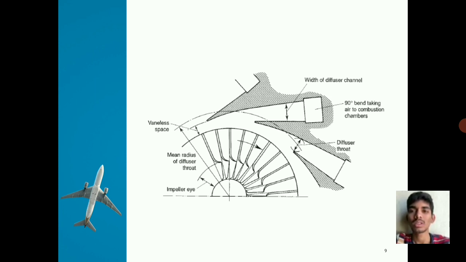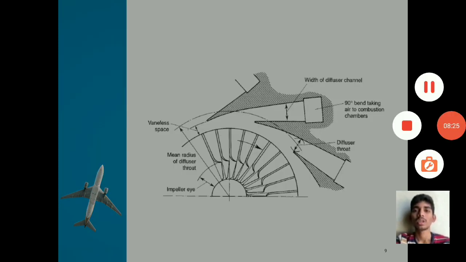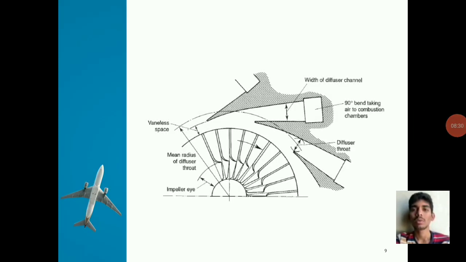By the end of this, we can understand that the pressurization in the compressor is carried out in two ways: half of the pressurization is done in the stator and the second half is done in the impeller. If we observe the figure, we can see the width of the diffuser and the impeller eye, where first the suction air is carried to the impeller tip in the impeller eye, and by the end of this operation we get the pressurized air.